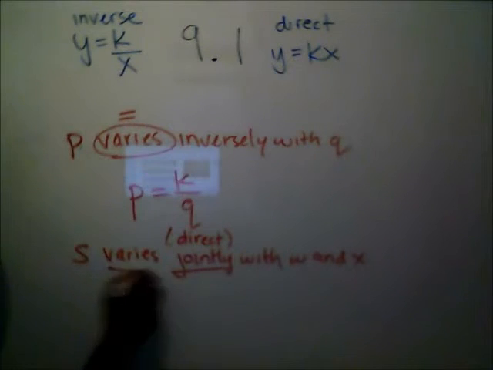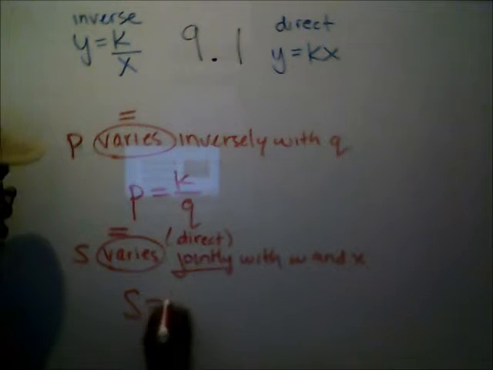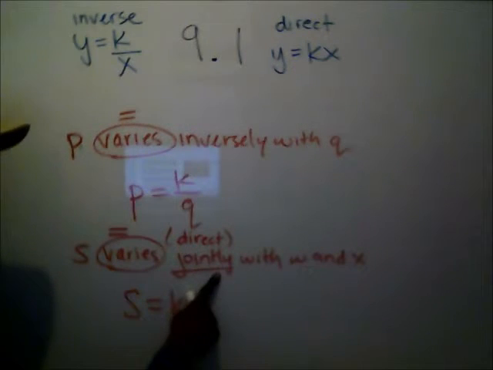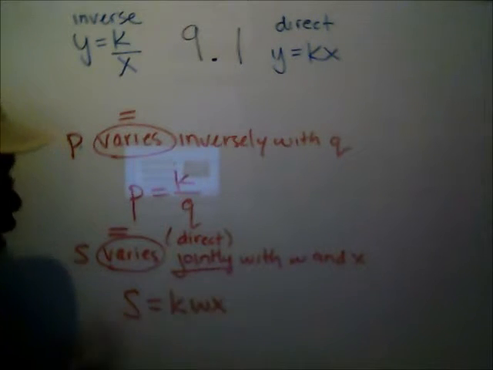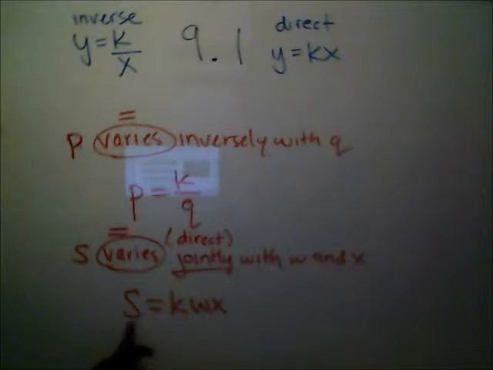So what this would mean, we said varies is another little hint to tell us that we need an equal sign. So this would be s equals k, because k is always in the equation. Now jointly is another word for direct, w times x. When things are directly related, they're multiplied by each other. So s equals k times w times x.